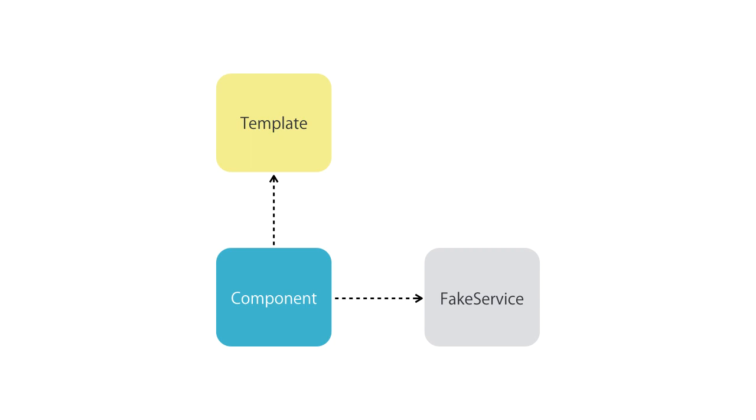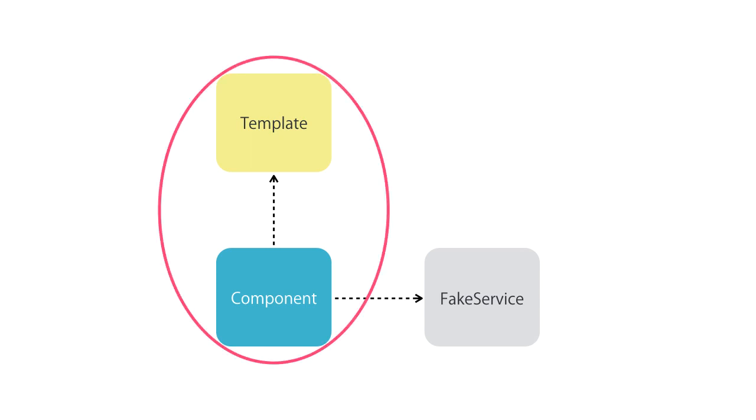However, I still see this in the category of integration tests because our tests involve testing a couple of pieces together, a component and its template, which is often in a separate file. So that's why I personally see this kind of test as an integration test, because we're testing the integration of our component class with its template.